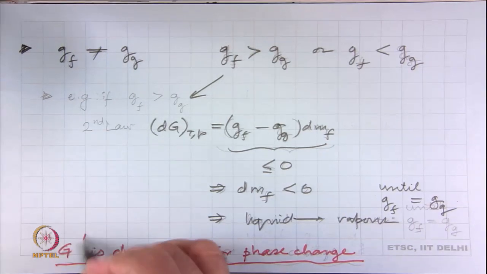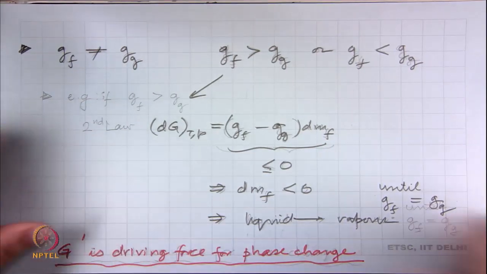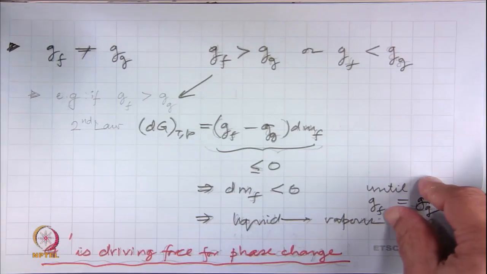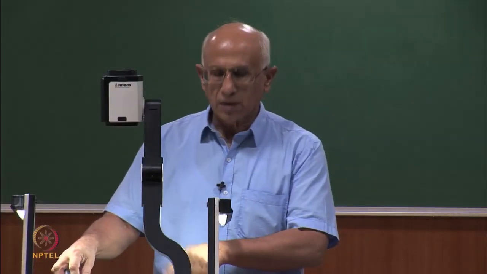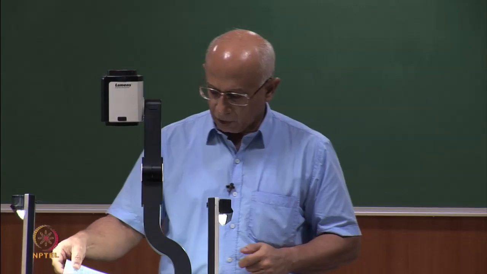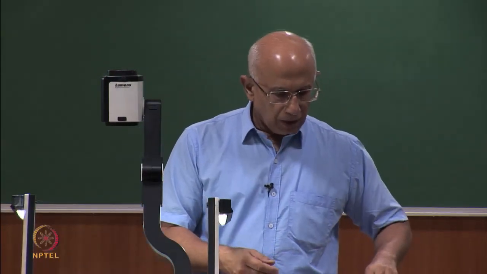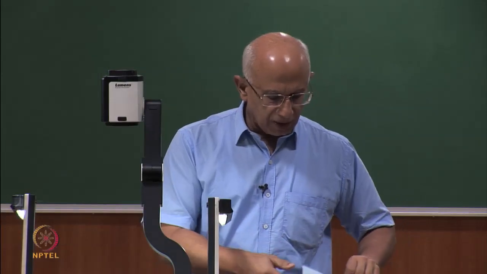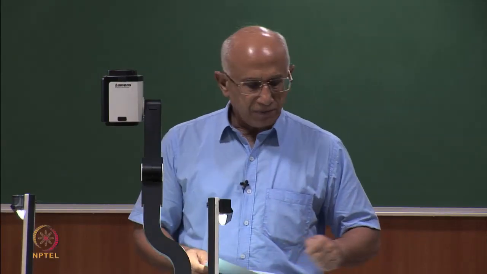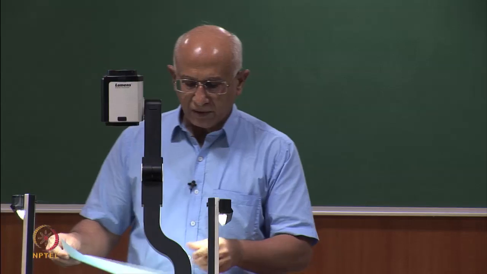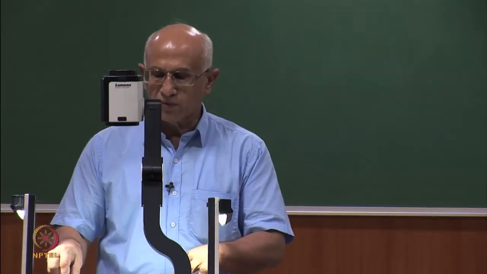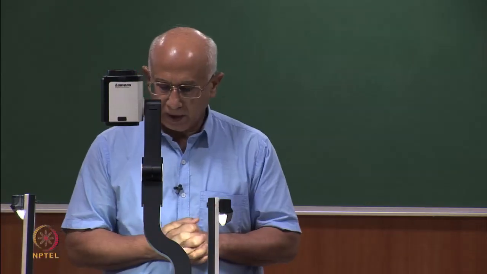This is a simple thing that has come out, but it has far reaching implications when we look at engineering of complex systems. This is what we will end up using. So, that was simple for a single component phase: if the Gibbs function for each phase is the same, then we have equilibrium.